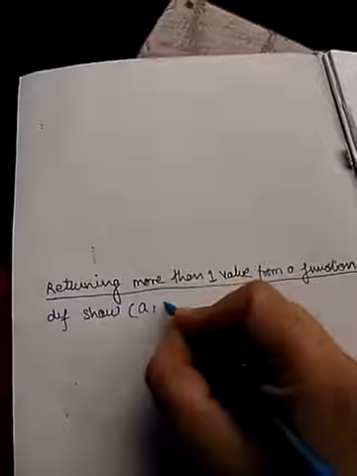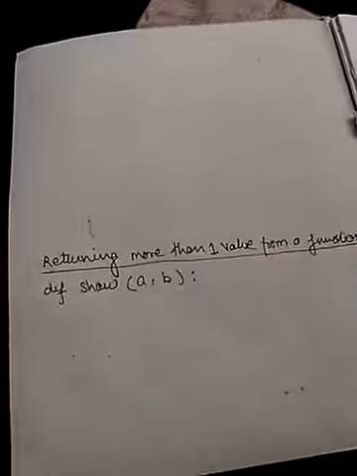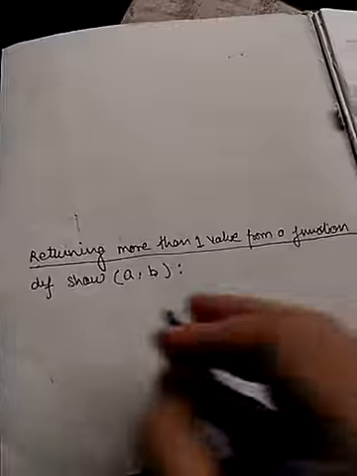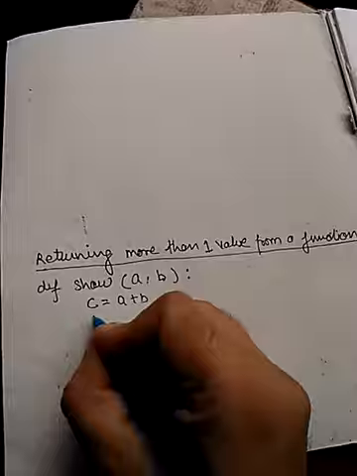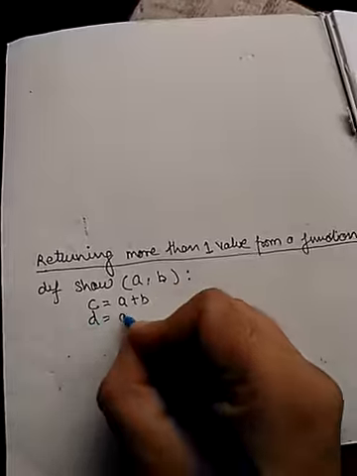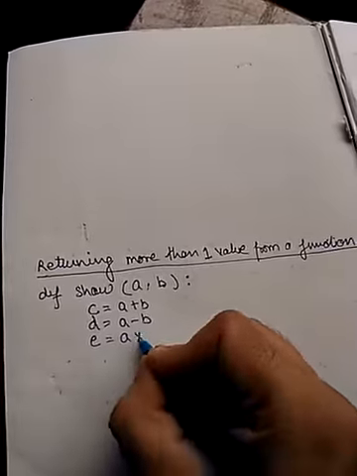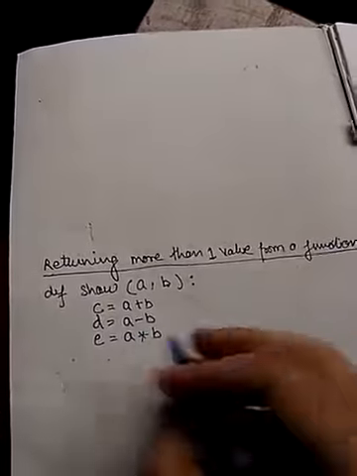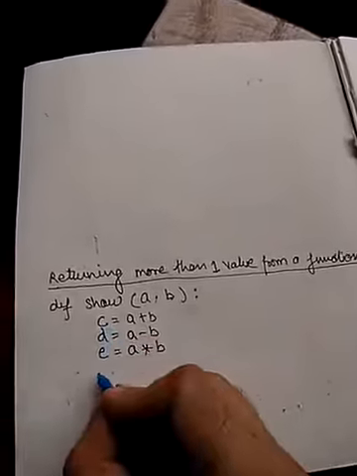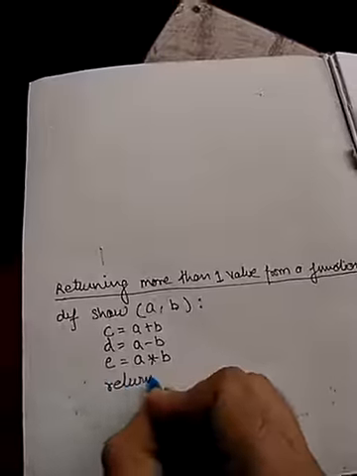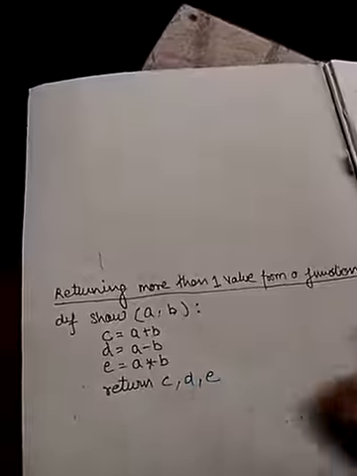Here two parameters are passed, a and b. I am calculating the sum, difference and product of these numbers. So c equal to a plus b, d equal to a minus b, e equal to a into b. Now I want to return these three values from the function. So I can do it like this: return c comma d comma e.